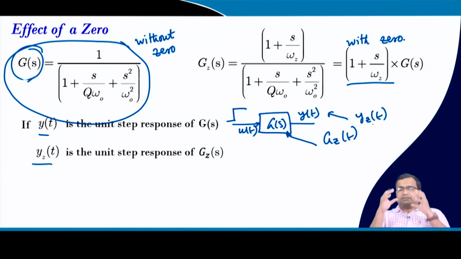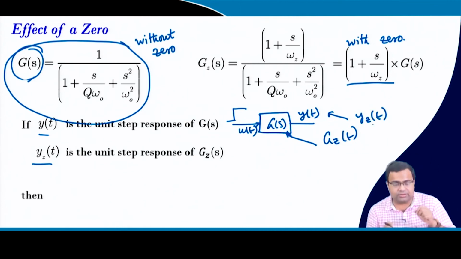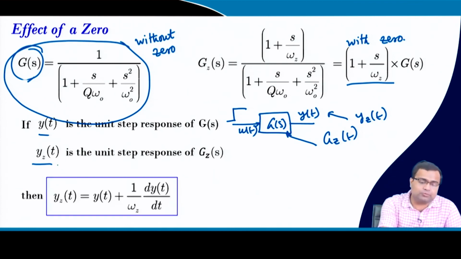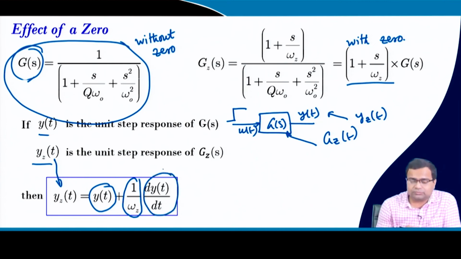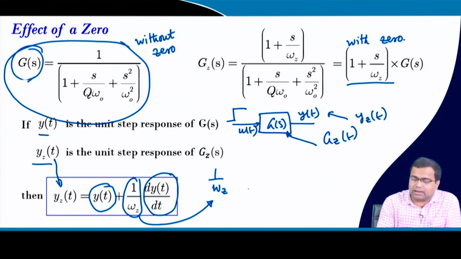It can be shown that the response with 0 is nothing but the response without 0 plus 1 by omega z times the derivative of the response without 0. And this 1 by omega z term comes from here, where this is our 0 location, which is nothing but omega z.